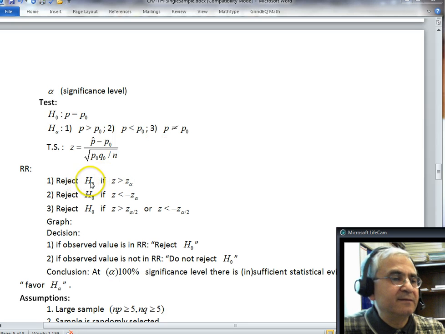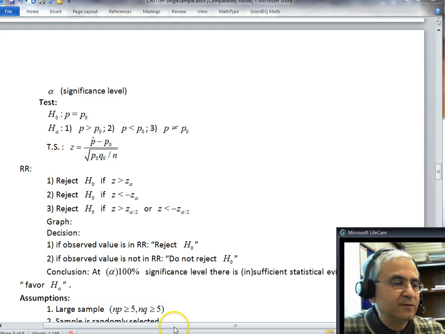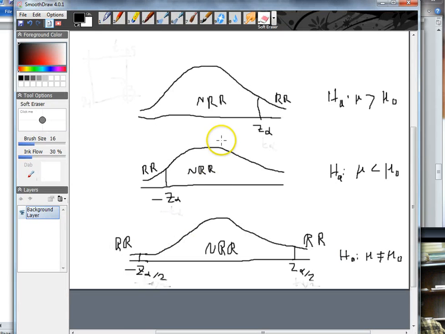And so we reject H0 in the first case if z is larger than z alpha. We reject H0 if z is less than negative z alpha if it's a lower tail test, and we reject H0 if z is larger than z alpha over 2 or less than negative z alpha over 2 if it's a two-tail test.